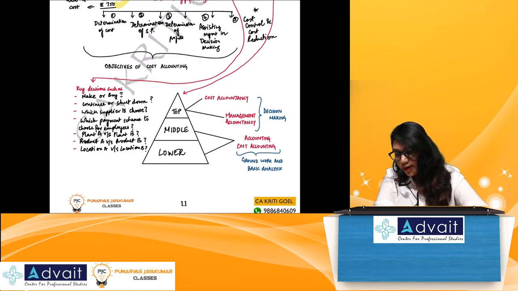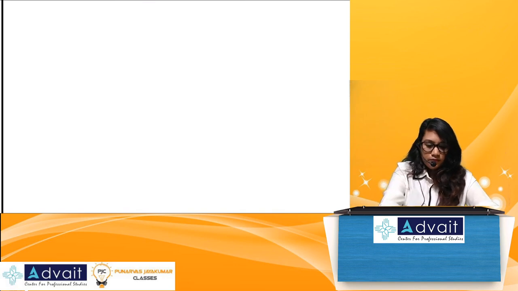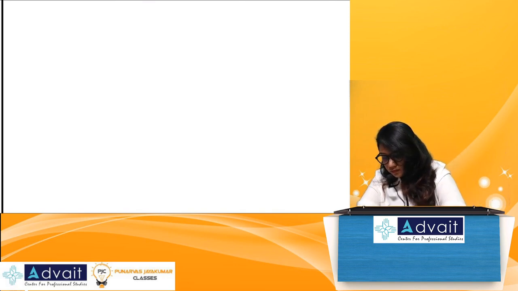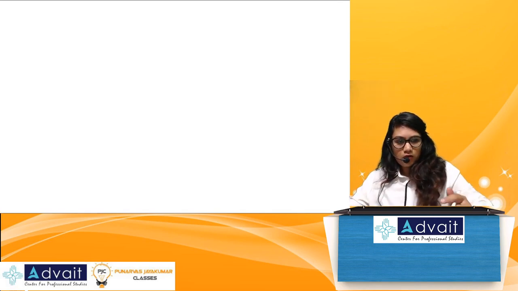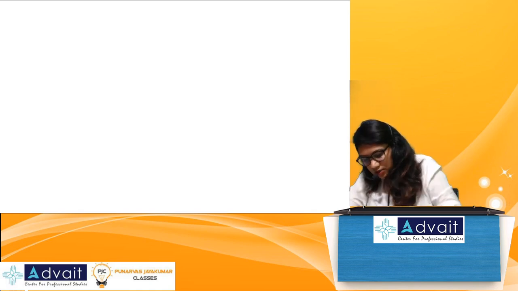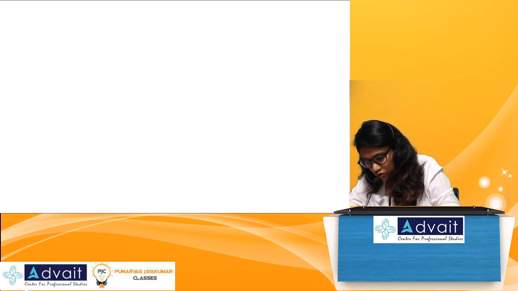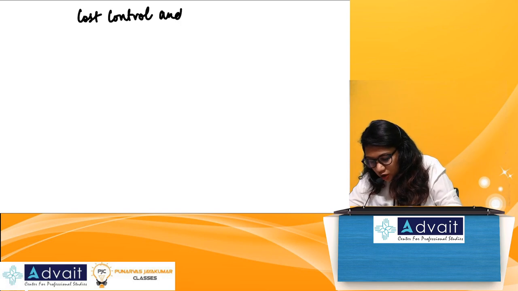What do you mean by cost control and cost reduction? Okay, guys. So we will now move on to that part that we had left out, cost control and cost reduction.